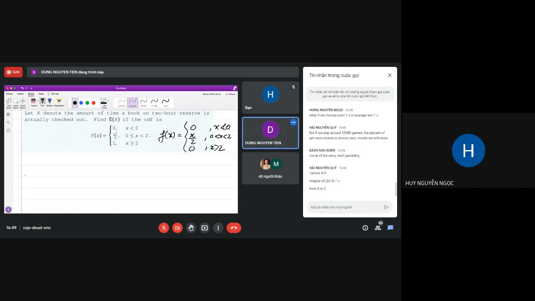So the mean value of x is the integral from 0 to 2 of x times x over 2 dx, and you get x to the third over 6 from 0 to 2, and you get 8 over 6, or let's say 4 over 3. Is that clear? Is it okay?